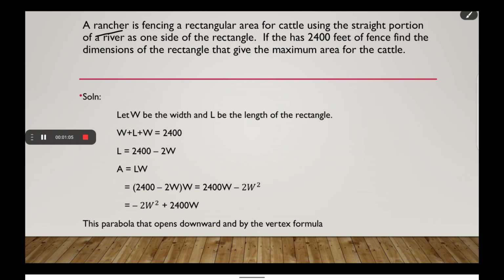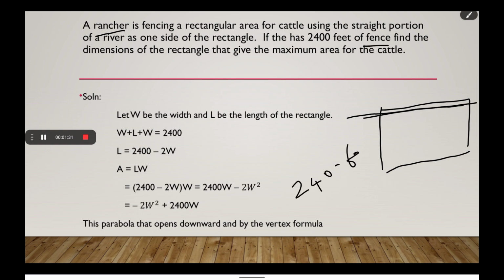Here, one side is the river. The total length of the fence is 2,400 feet. We need to find the dimensions of the rectangle that give the maximum area.